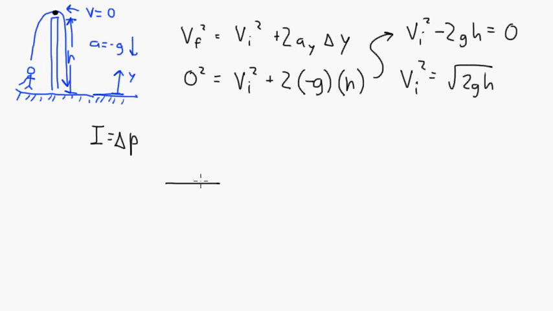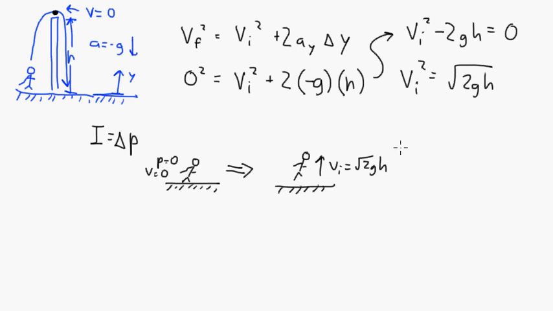The part before that, which we're going to do now, is where he's on the ground with 0 momentum, because his velocity is 0, and then he leaves the ground with velocity v i, which equals the square root of 2gh.